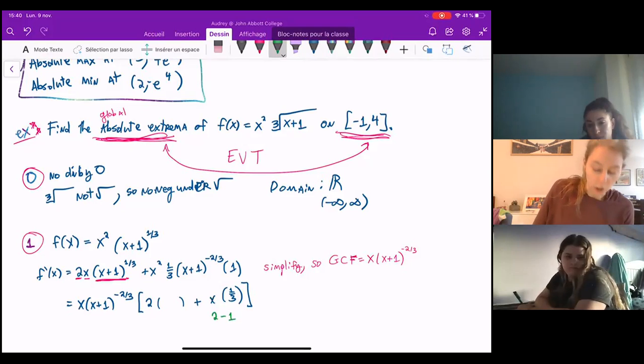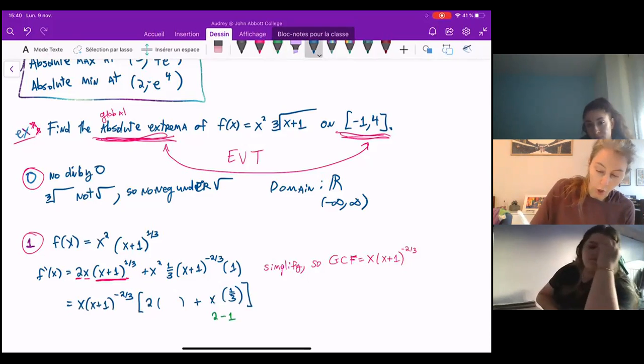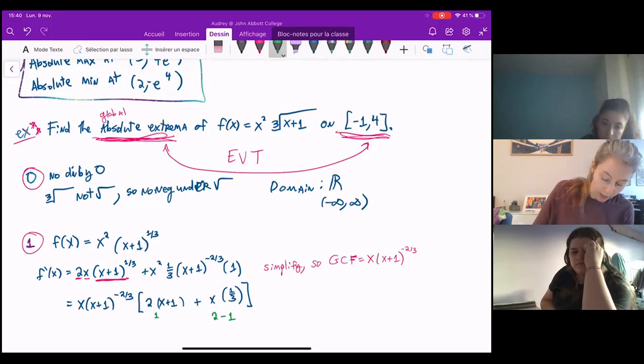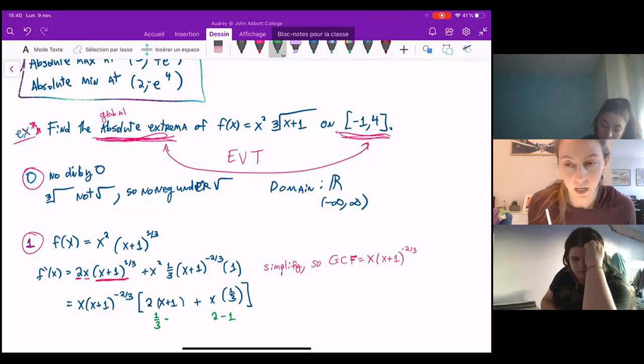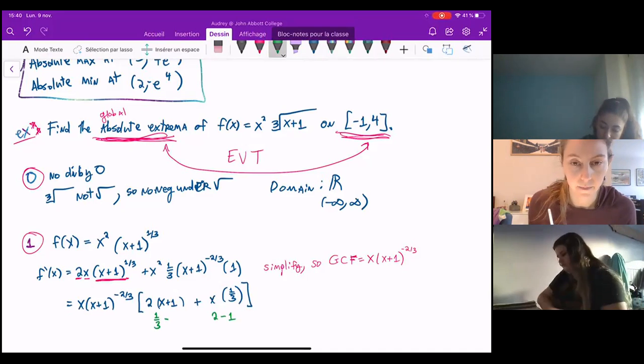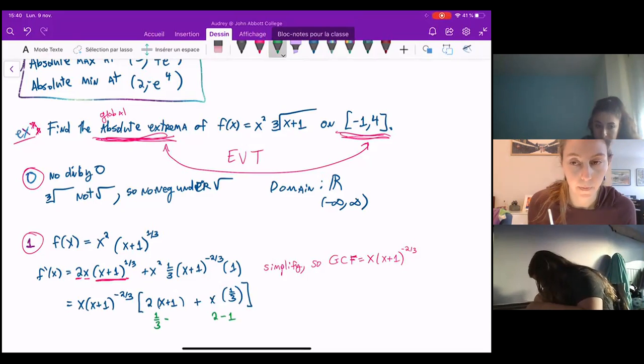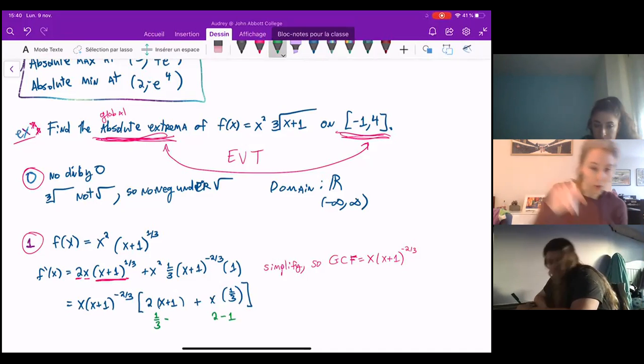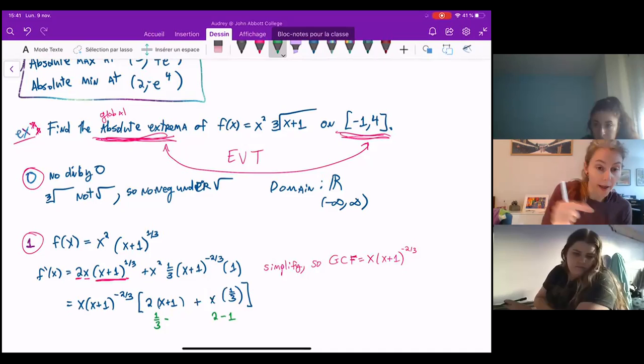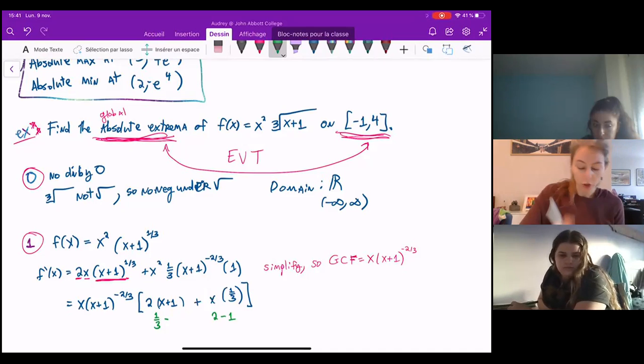Over here, I started with 1/3 power on the x plus 1. How many of them did I take away? I had 2 x's, and there's 1 x on the outside, so I took 1 away. Now I'm starting with 1/3 on the x plus 1.